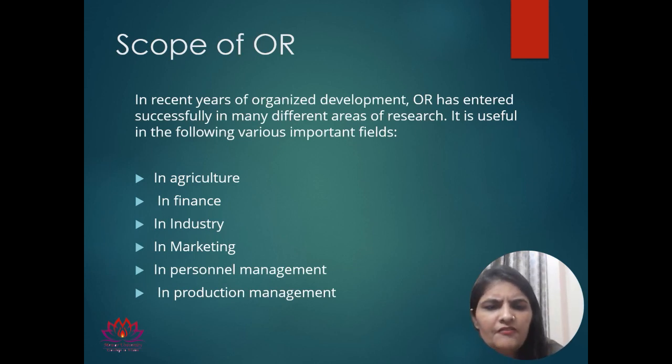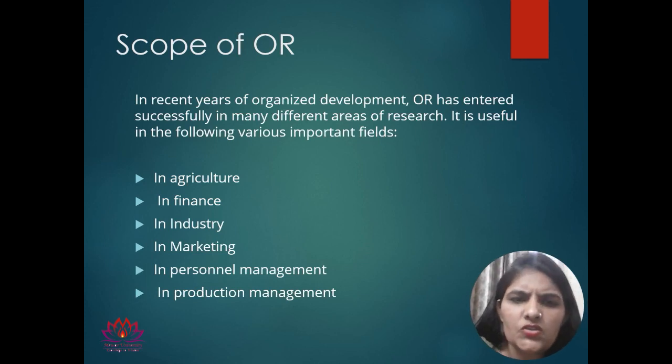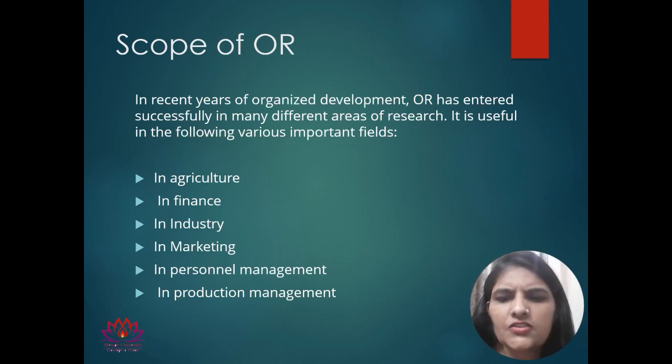So we have already discussed so many fields like agriculture, finance, industry, marketing, personnel management, production management, in the scope of OR in all the areas. There is one more area that we can discuss, which is LIC. Its approach is also applicable to facilitate the LIC offices to decide.